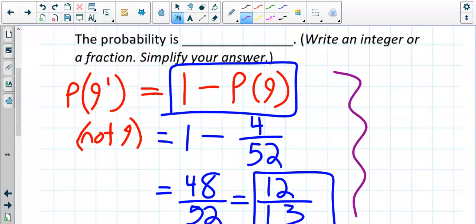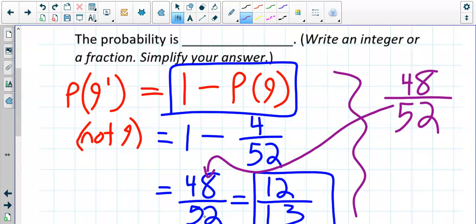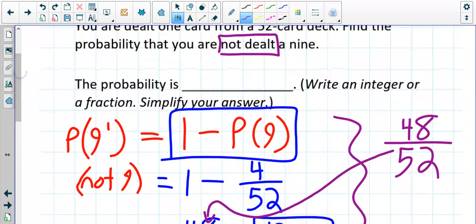Well, if there are 4 cards that are a 9, take 52 minus 4, and you get 48 out of 52. Oh, look, this number is the same as that number right there. So you can think about it either way. You could run your formula, or you can think about it logically. Your choice. But again, always make sure that you reduce that answer. And our reduced answer was 12 out of 13.